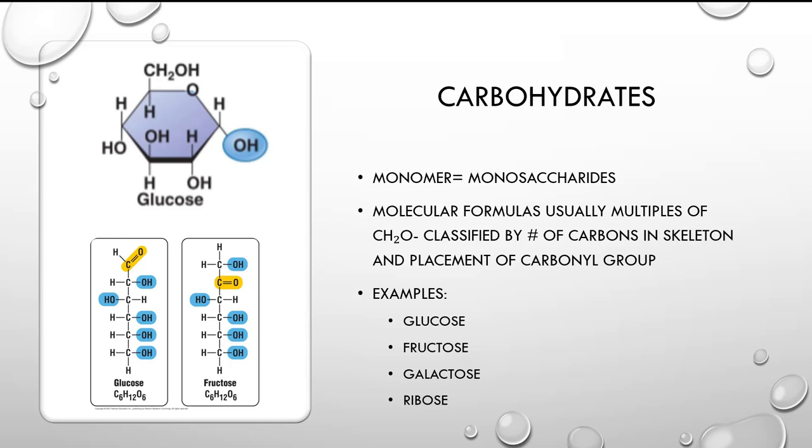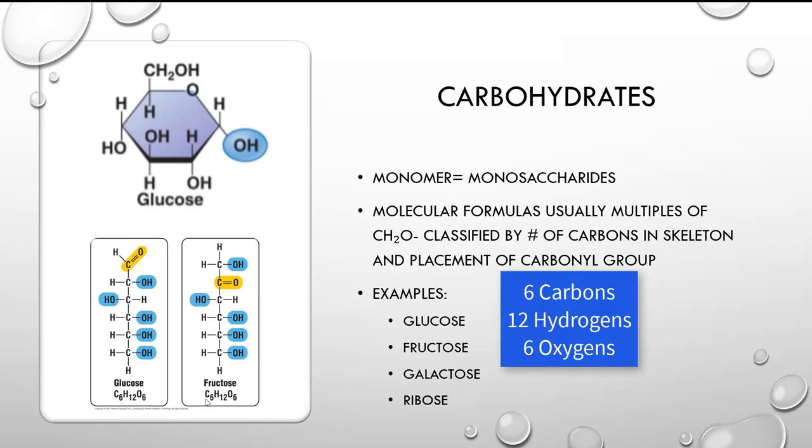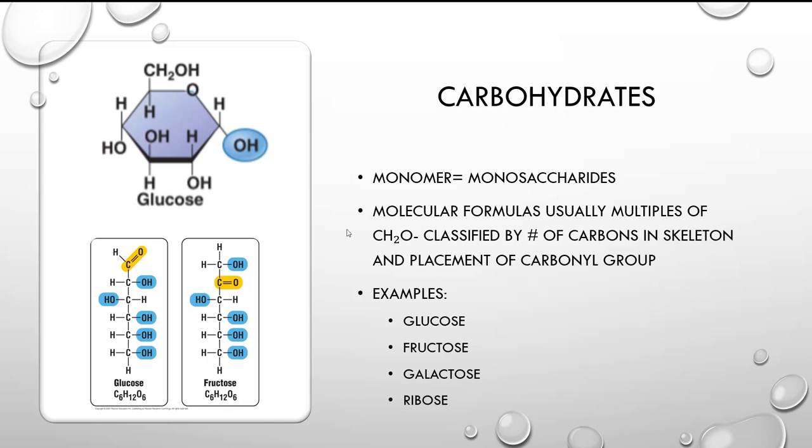So if we take a look at our 2 examples here, we have glucose and fructose. Those are both types of carbohydrates, and they both follow that same ratio, where we have twice as many hydrogens to carbons and oxygens. So both of them have 6 carbons, 12 hydrogens, and 6 oxygens.